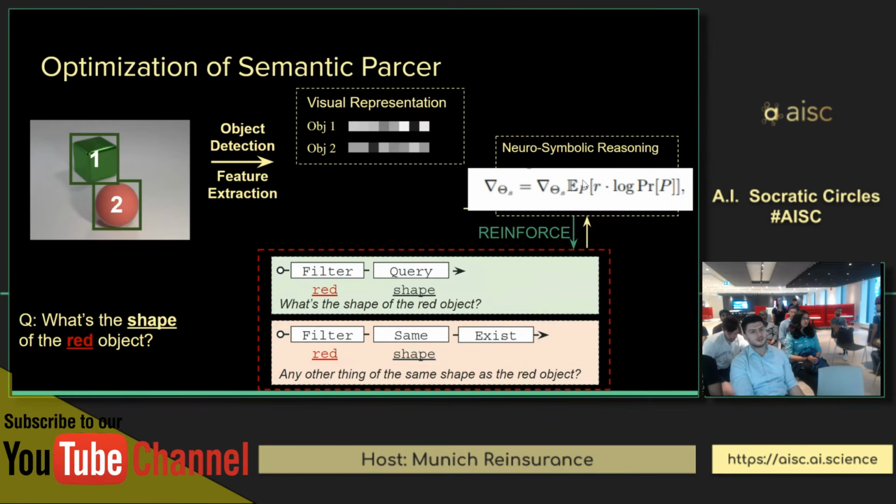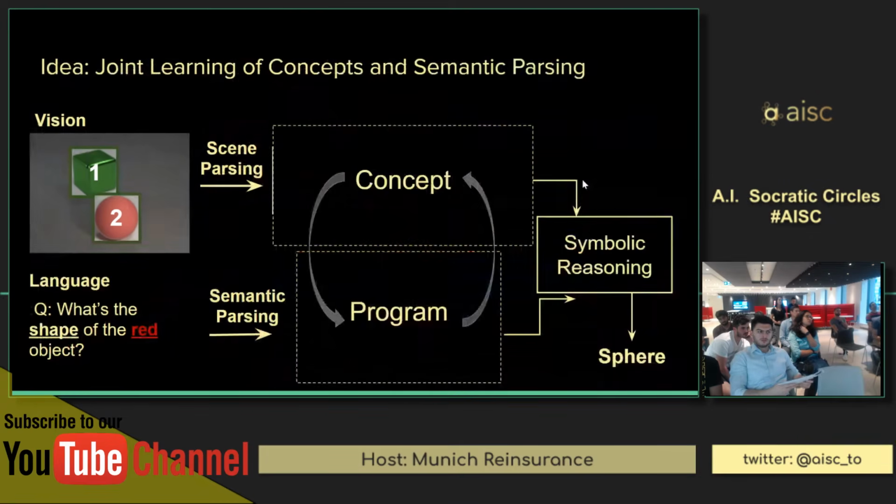So to tackle the optimization in a non-smooth program space, they apply an off-policy program search process, the one that I described before. An intuitive explanation of this off-policy search is that all possible programs of the given length are enumerated, executed on the visual representation, and those leading to the correct answers are found.